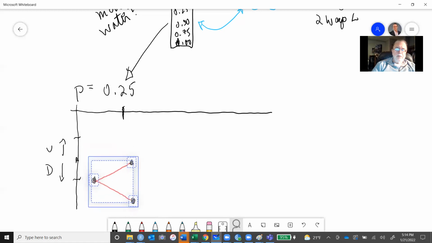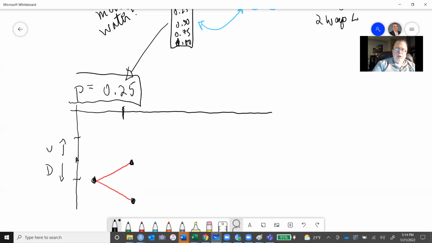There we go, give it a little bit of space. And so for the first observation, we can either go up or we could go down. Now, if we go up with a proportion of 0.25, so what happens in the tree, that's 0.25 up.